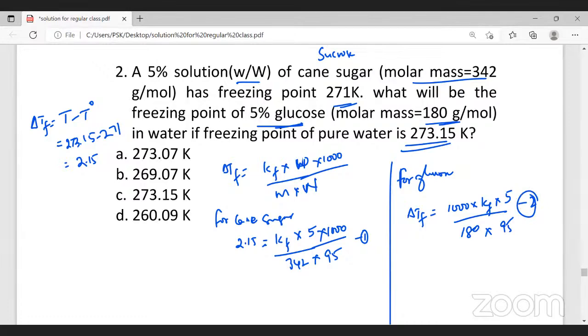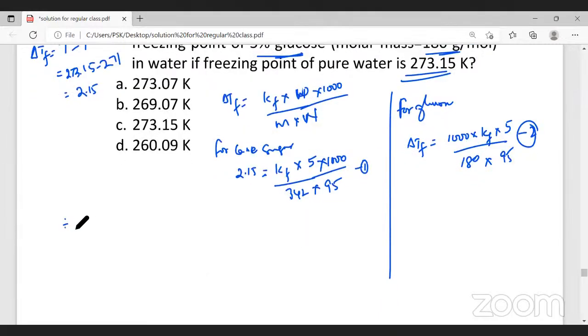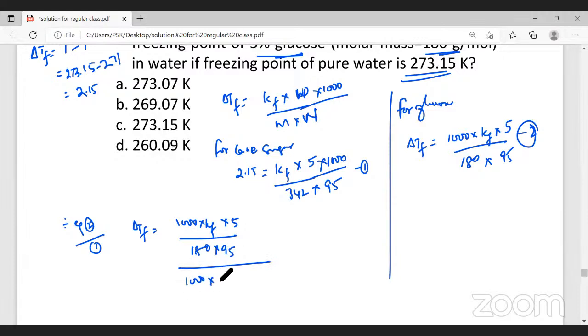So what we can do is divide equation 2 by 1. I'll get delta TF divided by 2.15 equal to 1000 into KF into 5 divided by 180 into 95, over 1000 into KF into 5 divided by 342 into 95.